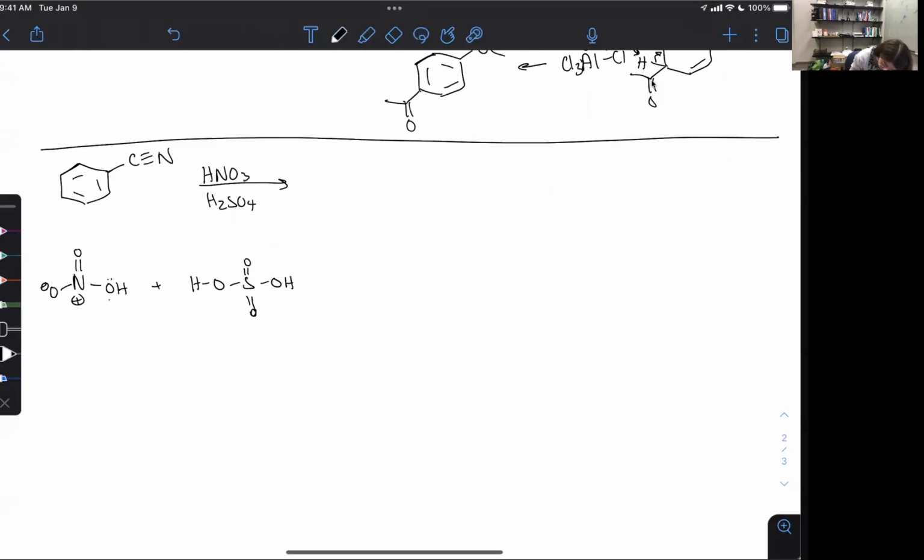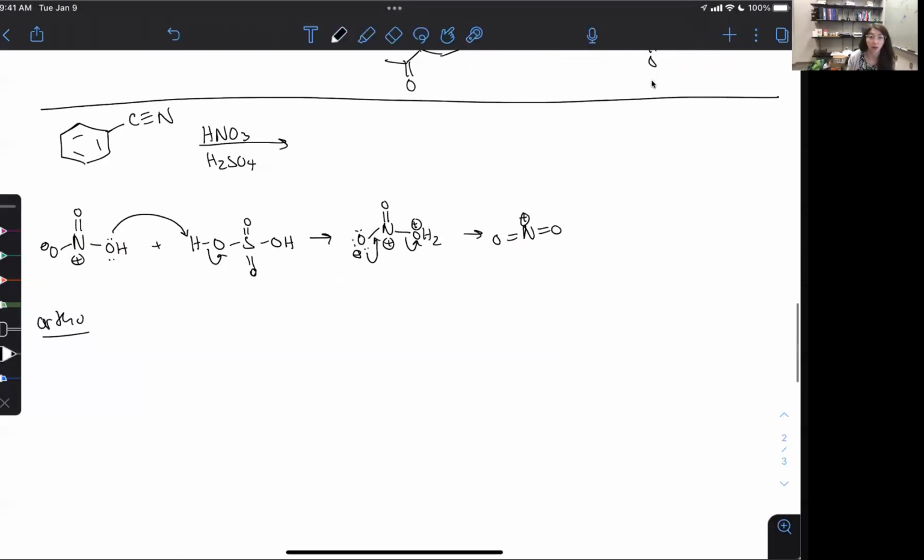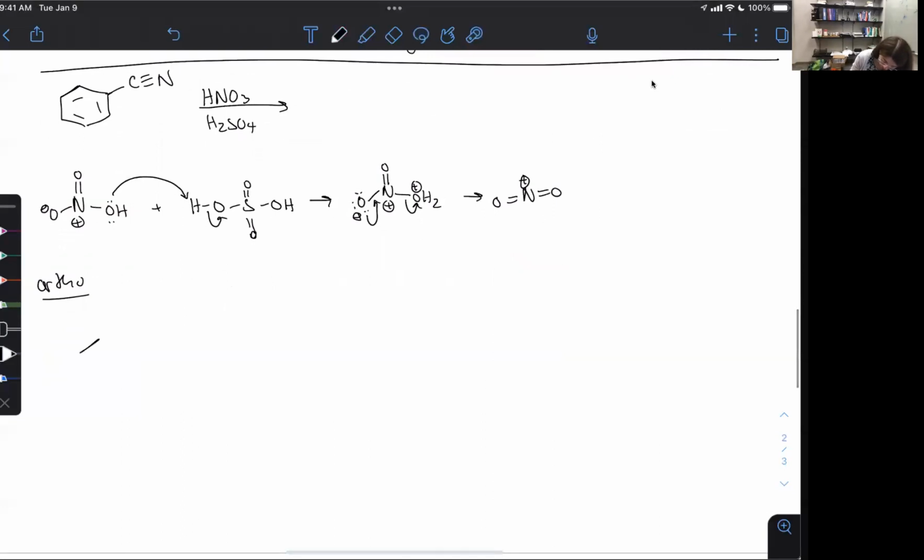We're going to protonate our nitric acid. That's going to make a good leaving group in the form of water, where we can bring down another oxygen lone pair, kick off our water, and form our NO2 plus. All right, so now we're ready to go through our ortho-meta-para products. Let's start with the ortho just like we did last time.